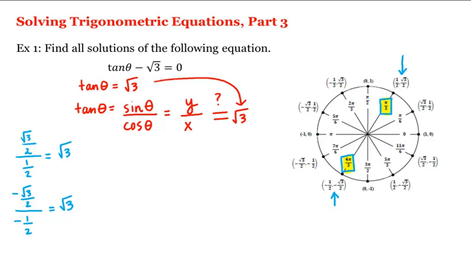But not only will the tangent of those two angles equal square root of 3, but the tangent of any of their coterminal angles will also equal square root of 3. That is, theta is equal to pi over 3, or 4 pi over 3, or any of their coterminal angles.